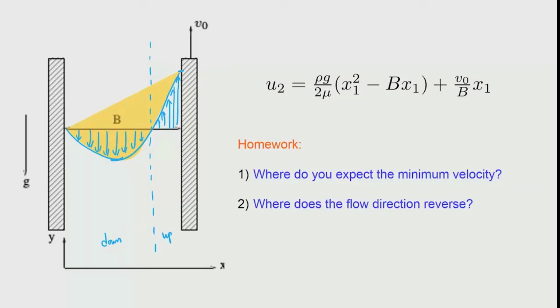Okay. So, here we will not solve this on the slide now, but I want you to try this out at your leisure. Where is the maximum velocity? You could evaluate it. You could check where the slope goes to 0 and find out the maximum velocity downwards, and then where the flow direction reverses. So, you could also check at what value of x1 that happens.